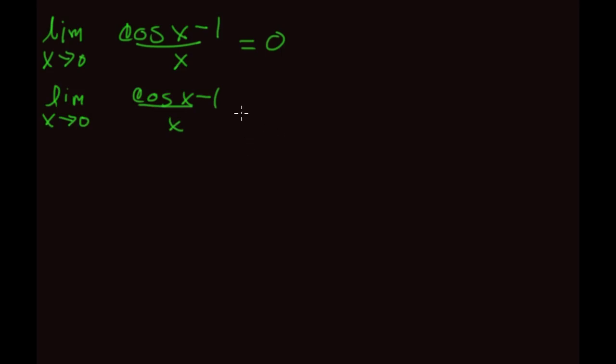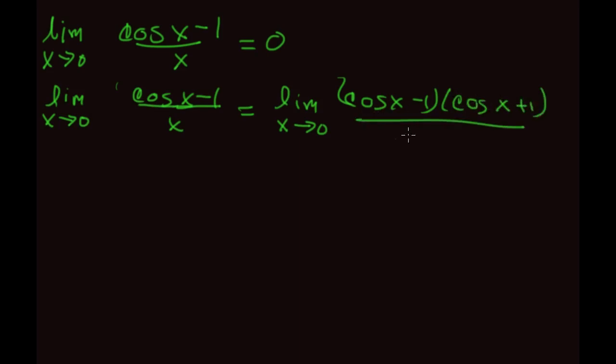We're going to multiply top and bottom by the conjugate of the numerator here. So we get the limit as x approaches 0 of cosine x minus 1 times cosine x plus 1 over x times cosine x plus 1.